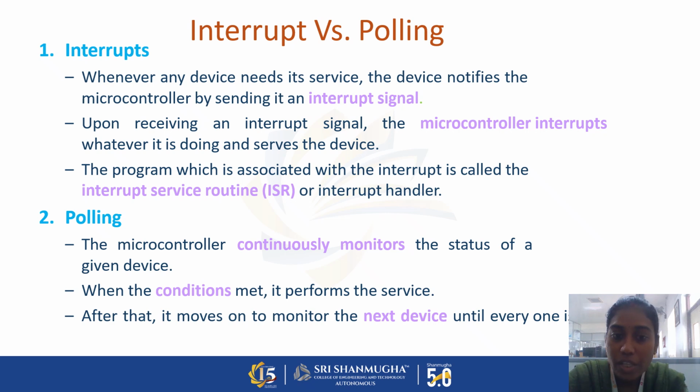The program associated with the interrupt is called the interrupt service routine or interrupt handler. In the interrupt method, there is software called the interrupt service routine that handles the interrupt signals from the various devices by using a priority method or a vector routing method.